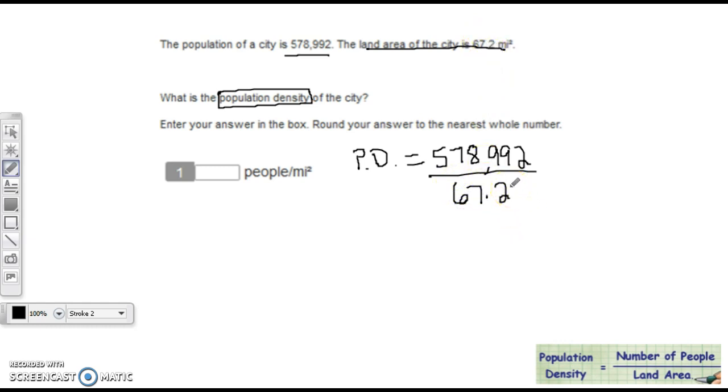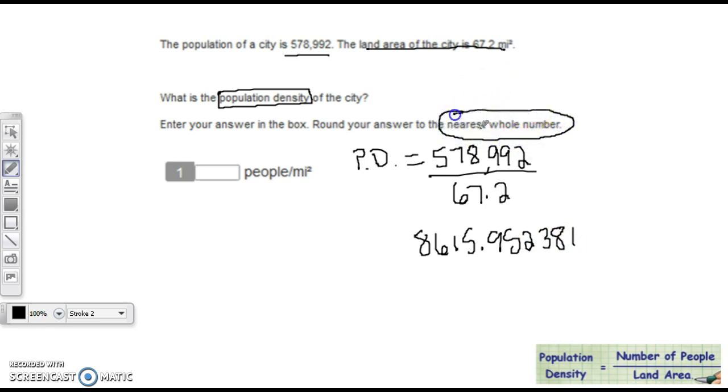So then it just becomes a calculator problem. And you get this decimal that says approximately 8615.95 blah, blah, blah, blah. But it wants us to round it to the nearest whole number.